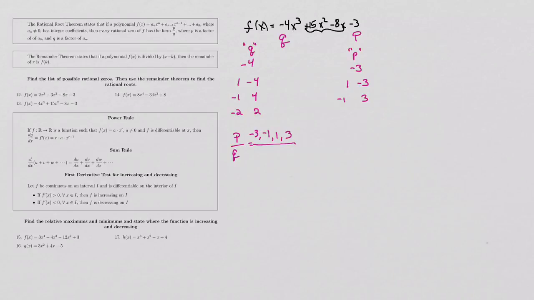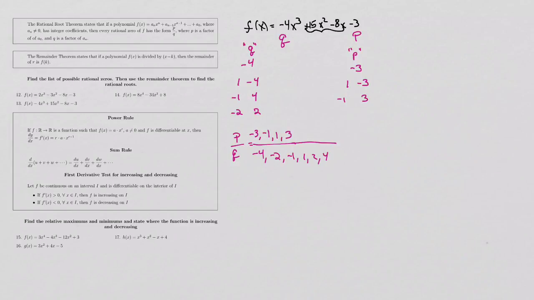We're going to put that over my q. Let's do this in descending order: negative 4, negative 2, negative 1, 1, 2, and 4. So you can see this list is going to get pretty big.